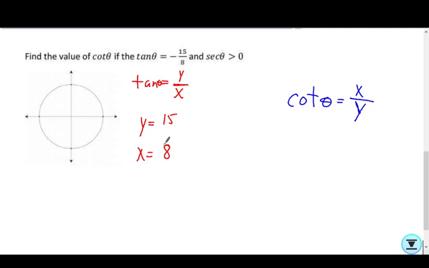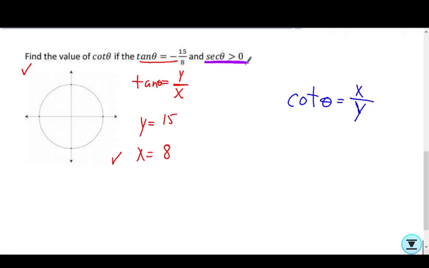Now, I don't know which one's negative because I don't know which quadrant I'm in. Okay? Now, tangent's negative, and again, just like the last problem, where is tangent negative? Well, that's in the second and the fourth quadrant. So I'm putting these check marks there so that I know that's where tangent is negative. Now, they said that secant is greater than 0. Greater than 0 means positive. Secant is the reciprocal of cosine. So cosine is positive.